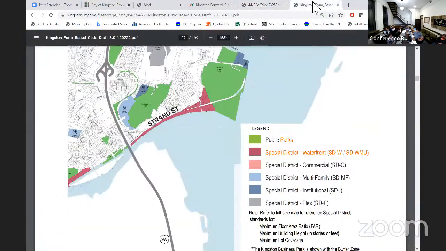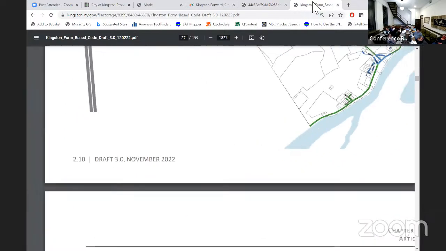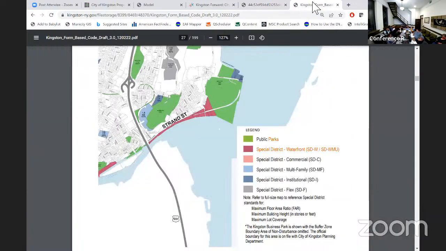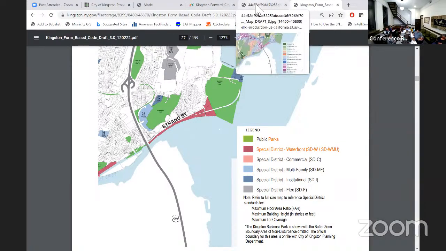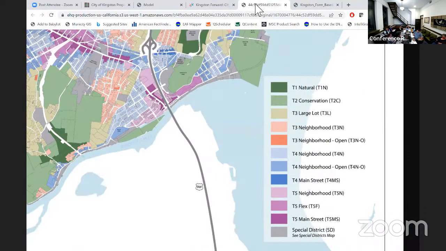What district is Island Dock? Island Dock is a T2 Conservation. Yep, conservation.